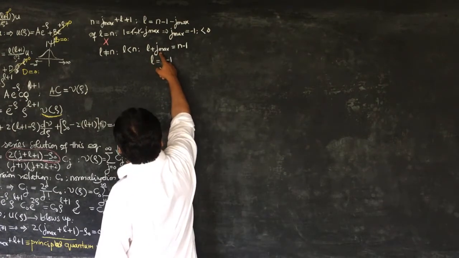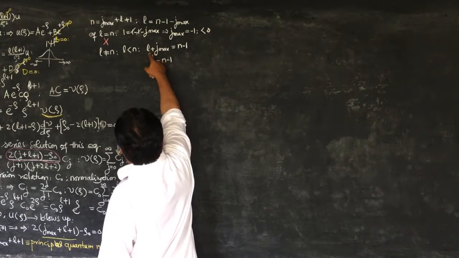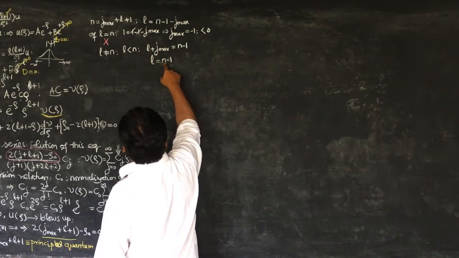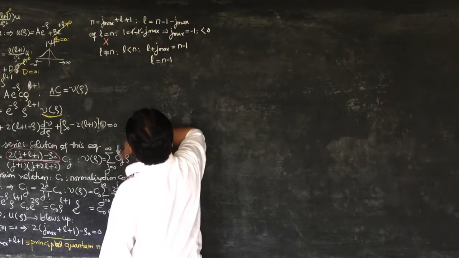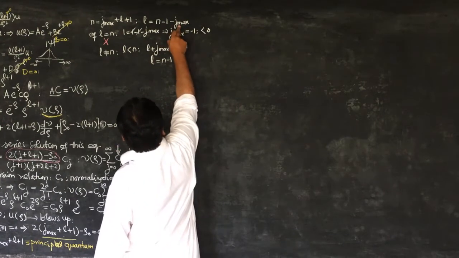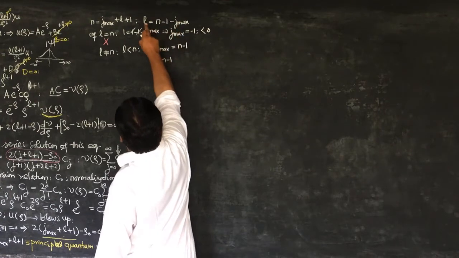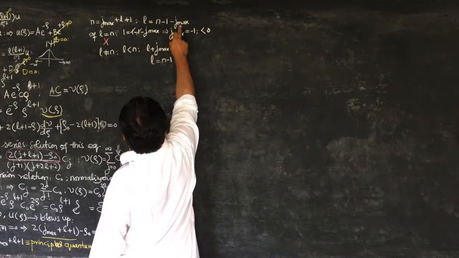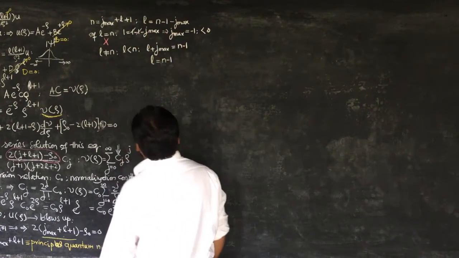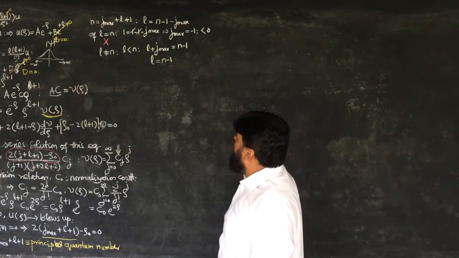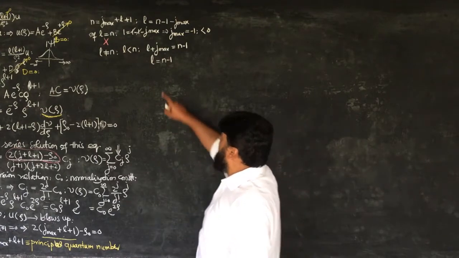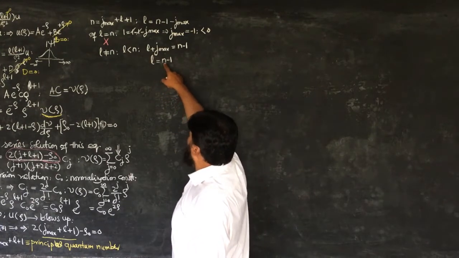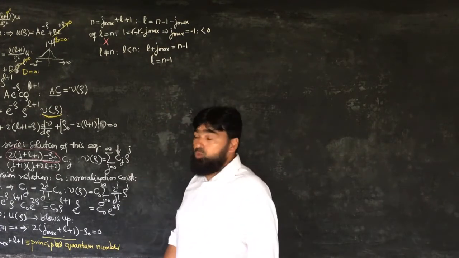When J will be greater than 0, then L will become further less than N, because it will come here minus J max. So for J max equal to 0, we will have the maximum value of L, and for any J value more than 0, we will have an L value even less than N minus 1.